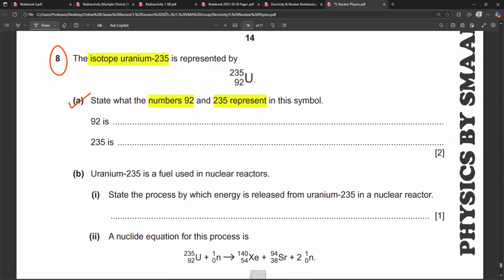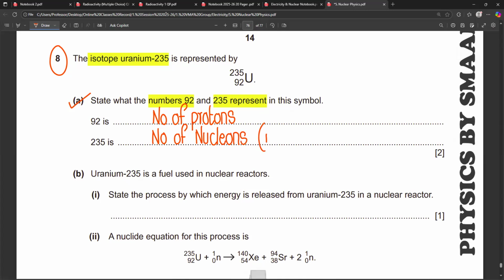So 92 represents the number of protons, and 235 represents the number of nucleons.